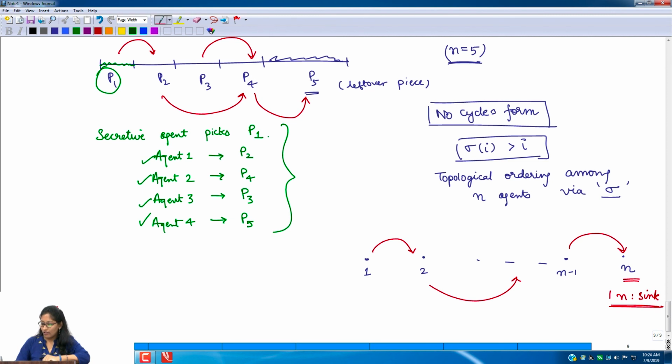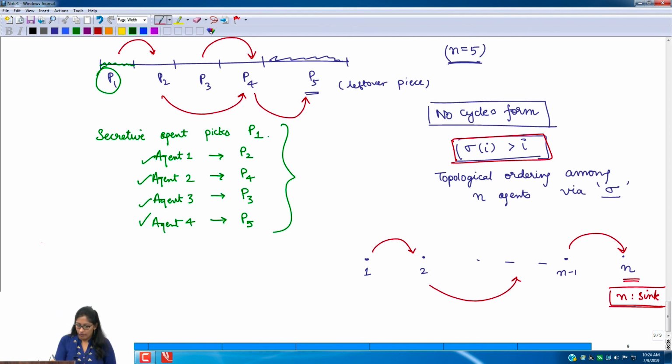And since we have a sink, there will be no cycles. Because of this property, you can induce a topological ordering which is acyclic and therefore there will be no cycles forming, right?